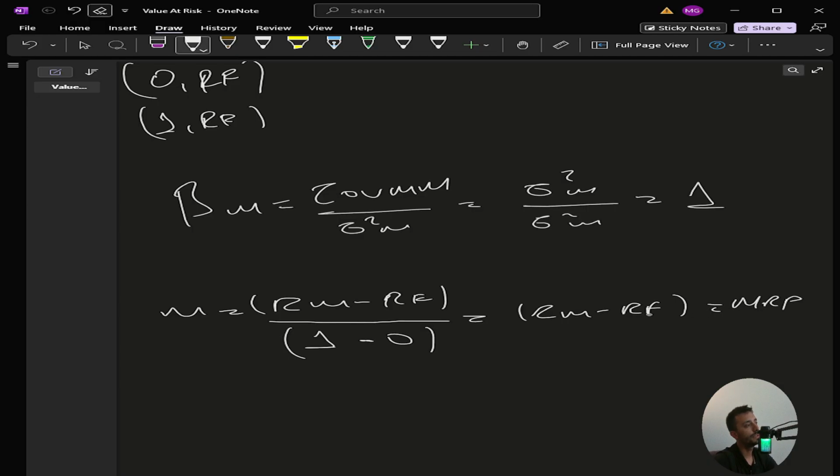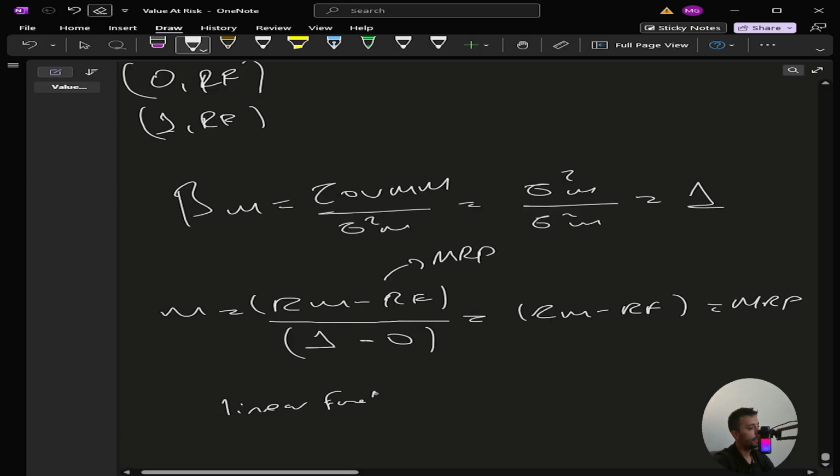Okay, market risk premium. We are looking at the market return and risk-free difference, and we will get the market risk premium, like a risk premium. Recall expected return is a linear function of beta.